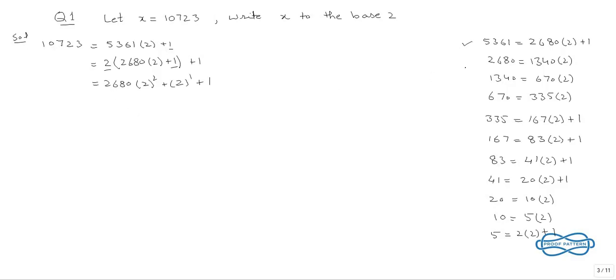Now the value of 2680 can be replaced here. We will get 1340 times 2 to the power 3, because this 2 will be multiplied with this 2 square, plus 2 to the power 1 plus 1, and now replace the value of 1340.